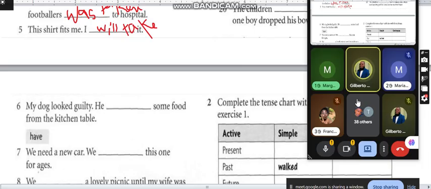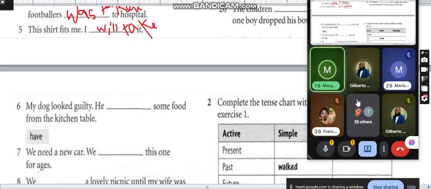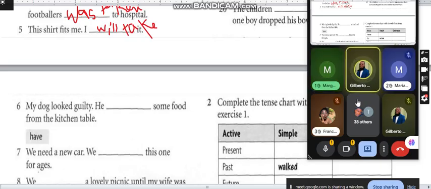Hello, Margarita? Teacher, I'm still here. Is your answer going to be present simple tense in active voice? Yes. Okay, so that's Margarita's contribution. Let's hear from Maria de Fatima.